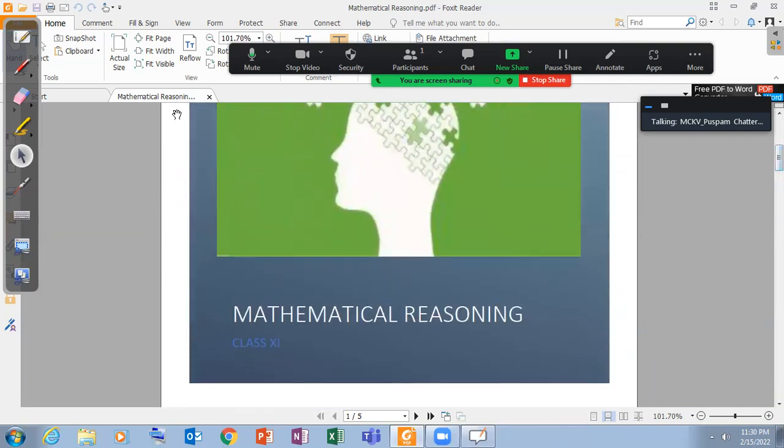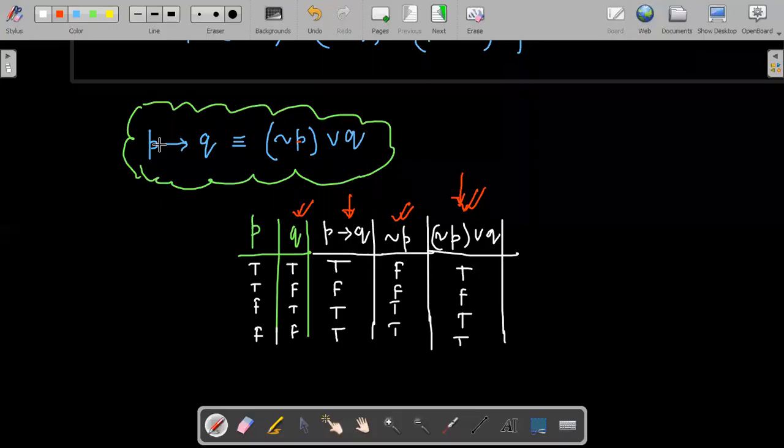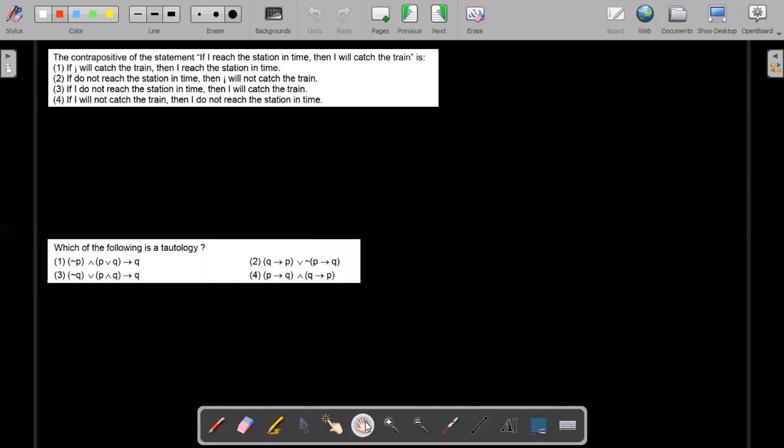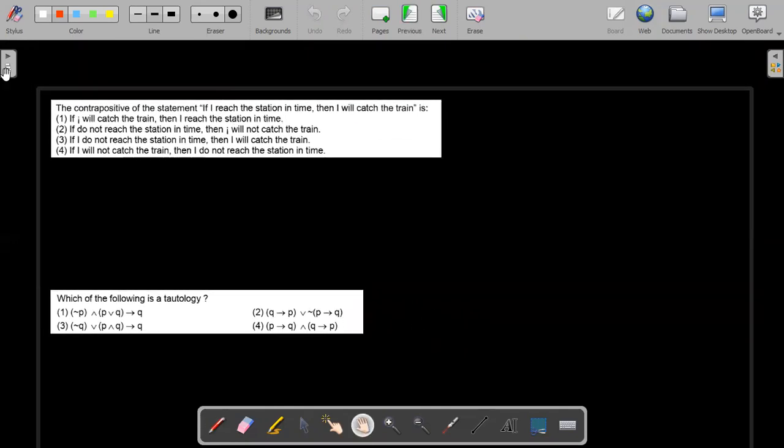Now let us look into some of the sums. So here we have all the MCQs. This will illustrate the concepts we have learned. The contrapositive of the statement, if I reach the station in time, then I will catch the train.